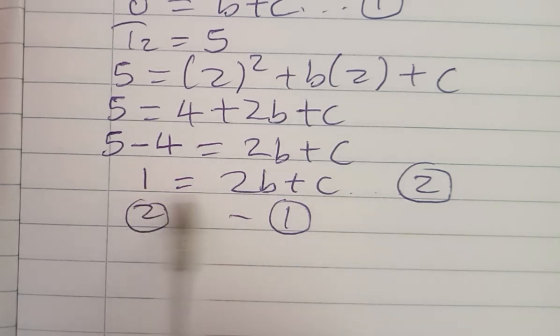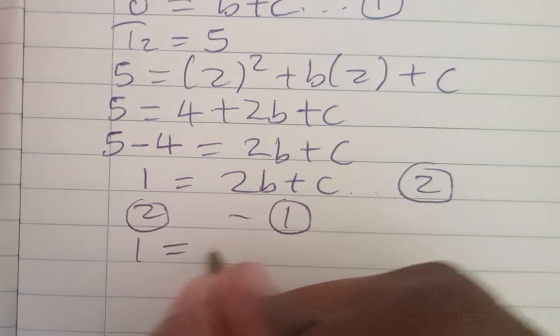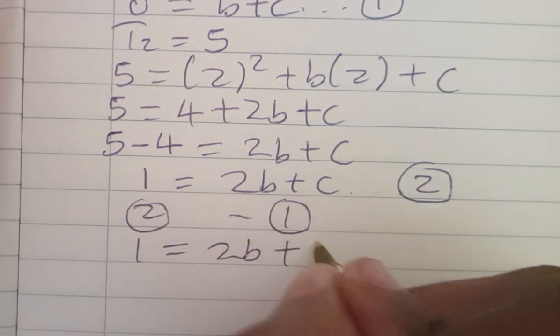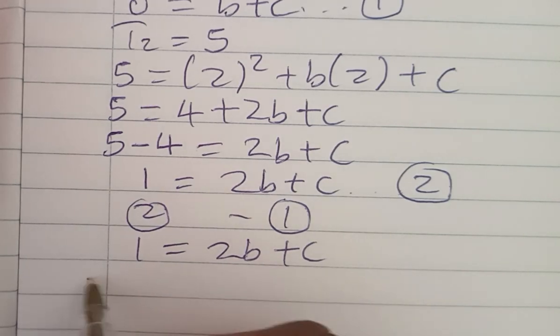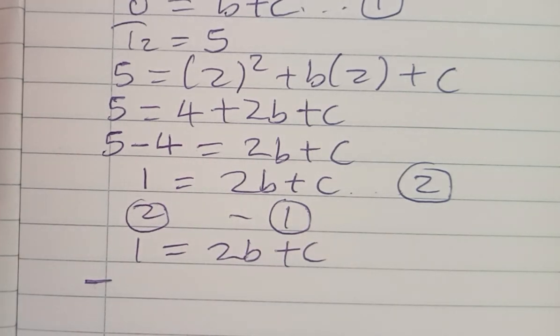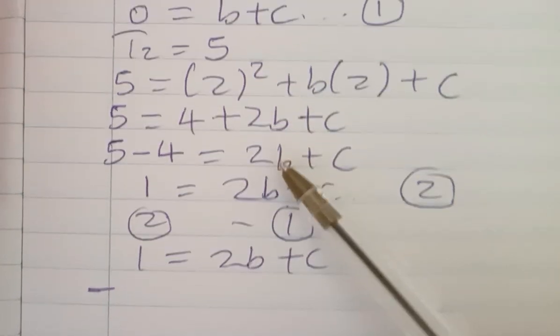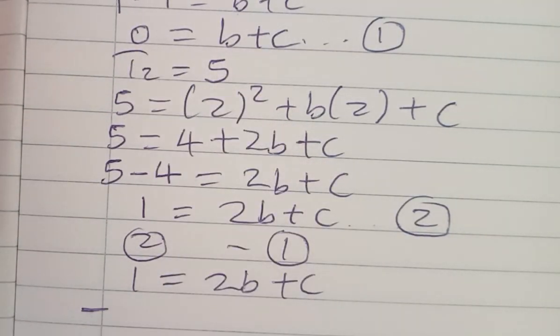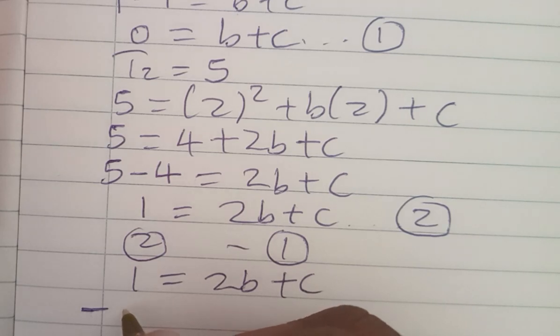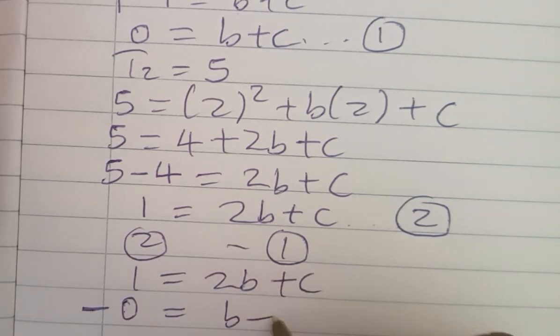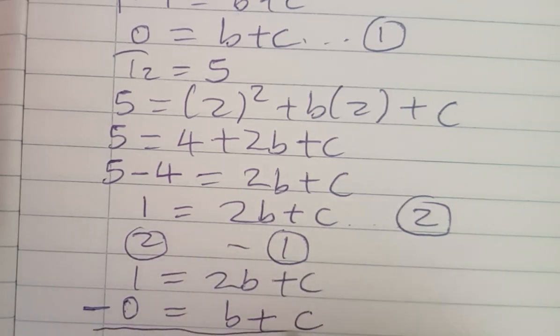My equation 2 is here, so take it exactly as it is, plus c. Minus, remember, you subtract. Our equation 1 is here: 0 is equal to b plus c.